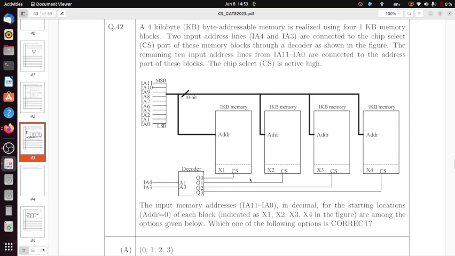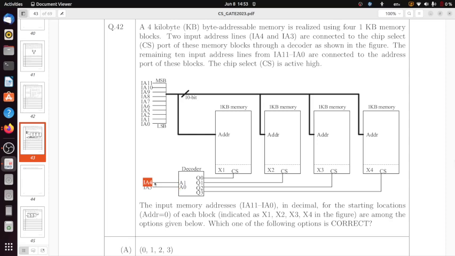So to select a particular block out of 4 blocks, we need a 2x4 decoder, which takes inputs A0 and A1, where A0 is connected to input address line 3 and A1 is connected to input address line 4.